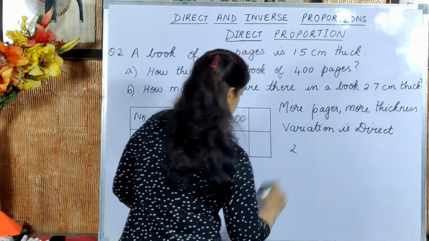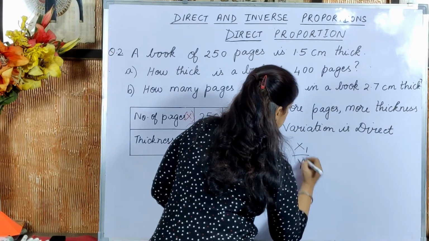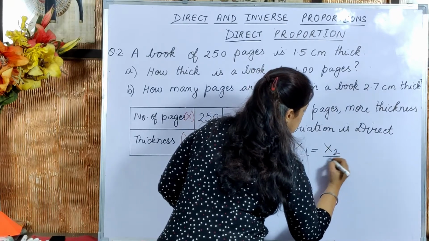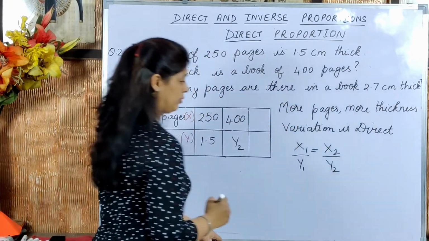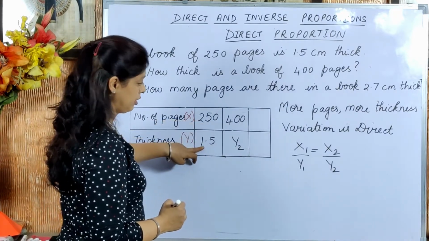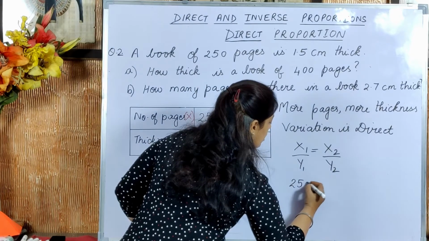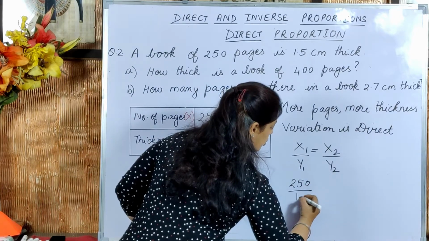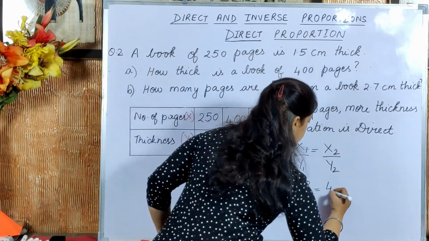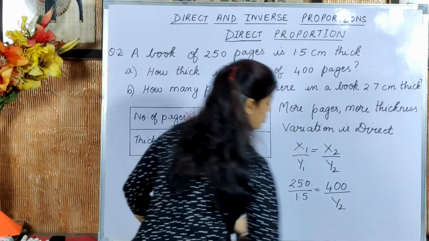So I can say that the ratio of x1 to y1 will be equal to the ratio of x2 to y2. Now I substitute the values here. What is x1? 250. y1 is 1.5. So 250 upon 1.5 is equal to x2, which is 400, upon y2. y2 I am supposed to find.